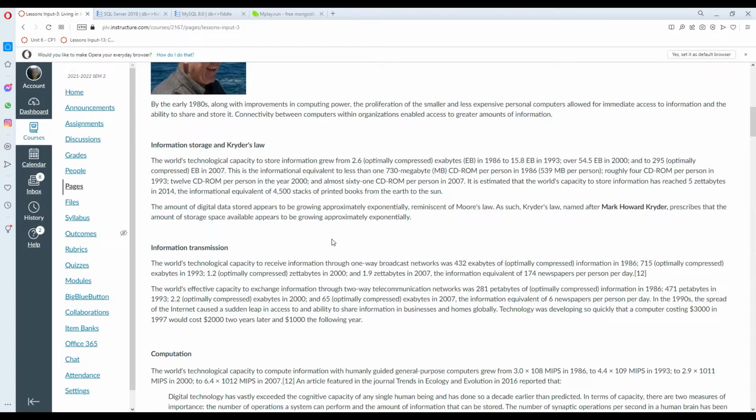So imagine how many people create YouTube or TikTok videos every second. So the amount of necessary storage increases every second. Okay. So that is how Kreider's law was created.